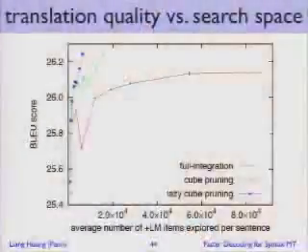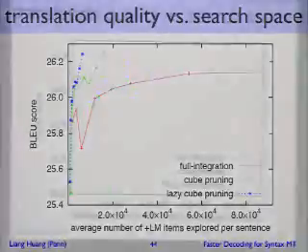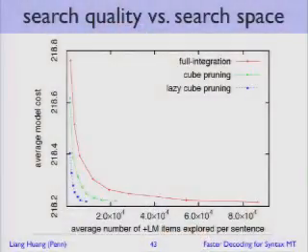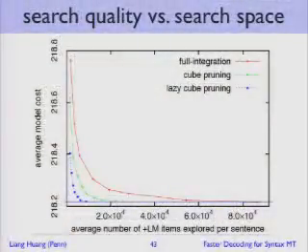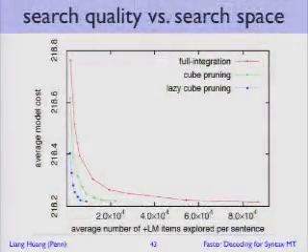If we go on to the next graph, do you have any intuition why full integration isn't doing as well as the pruning algorithms, even when you give it an infinite amount of time? Because it's doing a lot of pruning there. But if we go back, the model costs are very similar. The model cost is very similar, but actually the top two dots are somewhere not shown here.